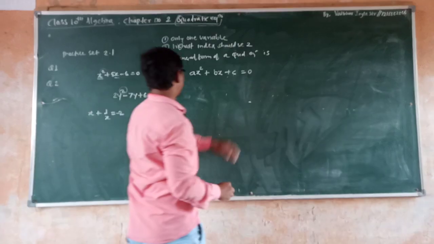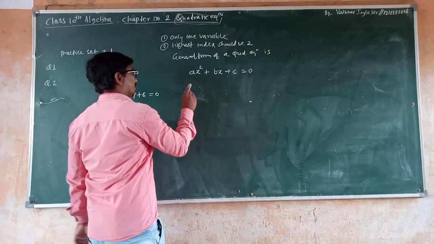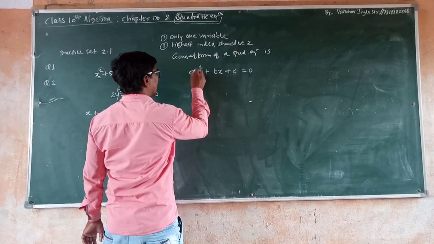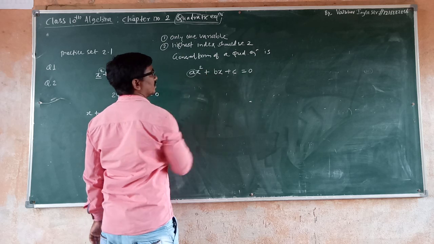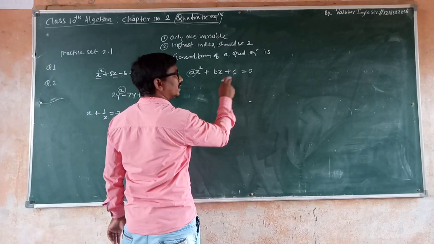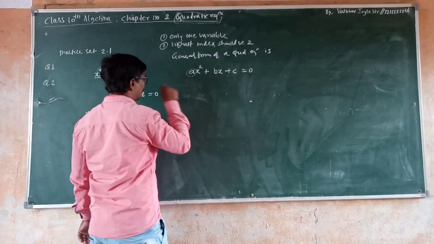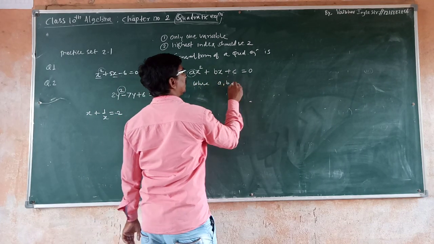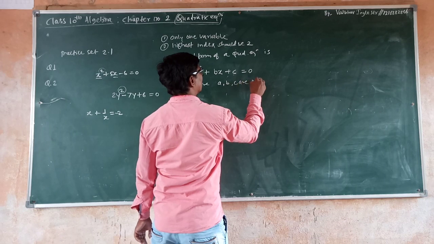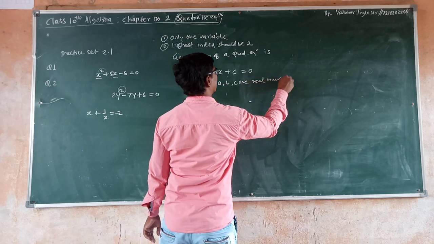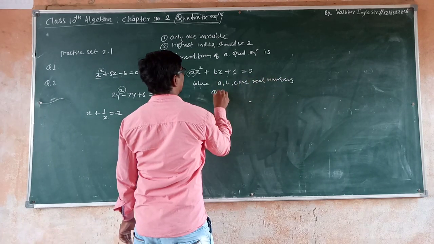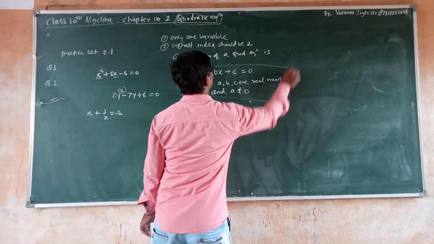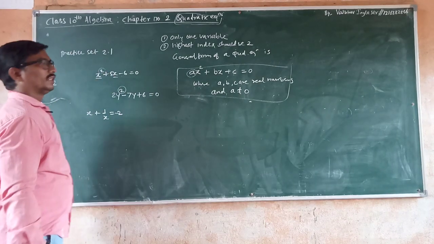So this is the general form of quadratic equation. This will be the general form only if a is not equal to 0 and a, b, c are always real numbers. So I will write here where a, b, c are real numbers and a is not equal to 0. So this is the general form of quadratic equation.